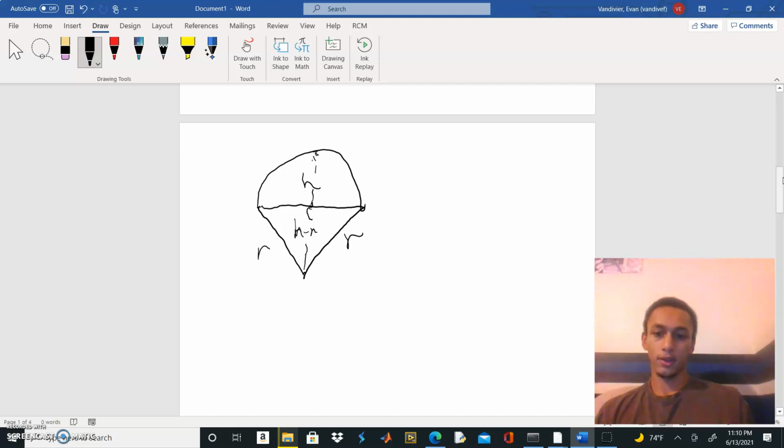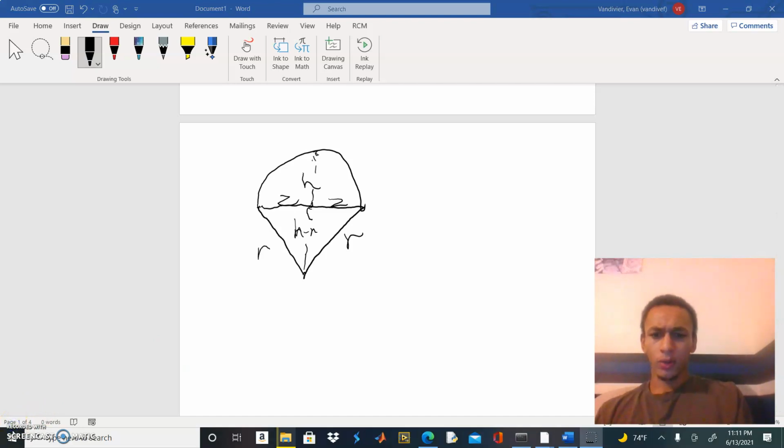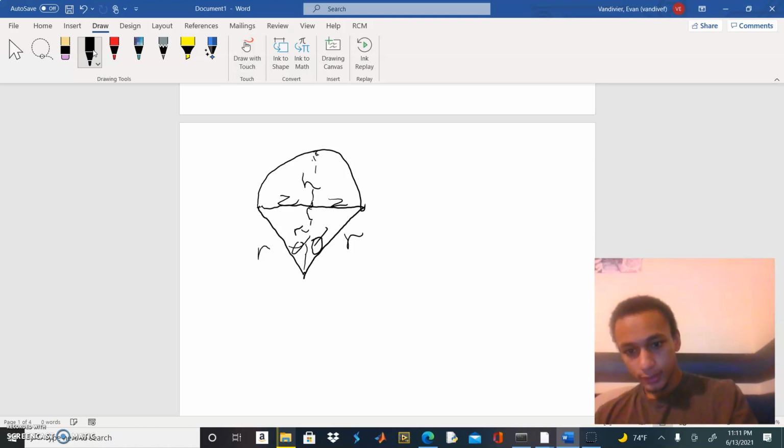Let's see if that's actually right, and then you can name this any variable. So let's do Z. So the entire arc length, so there's a theta here and a theta here, and so that is not H minus R. Let's see if I can, oh, thank God I can erase that. This is R minus H. So we got that, and we got theta, so the angle it creates.